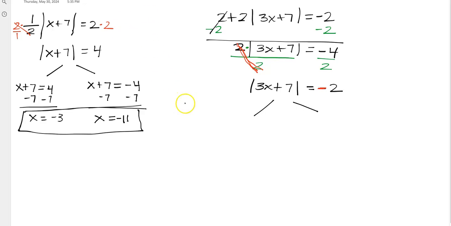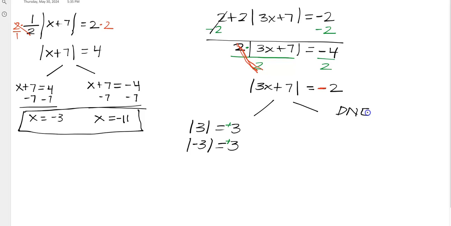For example, if I took the absolute value of 3, I get 3 for my answer. And if I take the absolute value of negative 3, I get positive 3. So whenever I take the absolute value, I always have a positive answer. But here it's saying my answer is going to be negative. And so right at this point, I could just say that the solution does not exist.